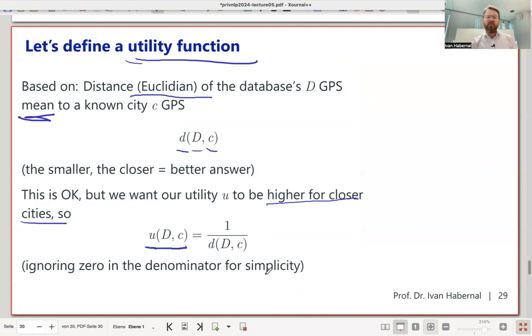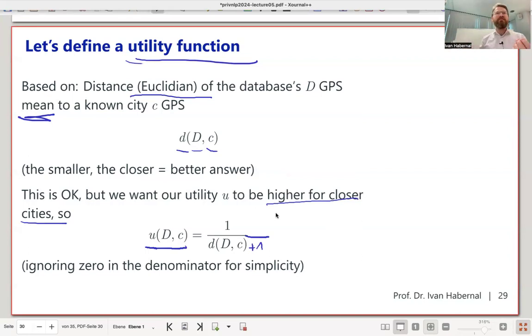I'm going to ignore the 0 in the denominator for simplicity. If the mean exactly fits one city, the distance will be 0 and it will break, but actually we can fix it. This is what we define. The utility function is up to us to define. Our utility is, the closer to the true mean, the better, because then I can guarantee that everybody will travel cheaper in our secret society.